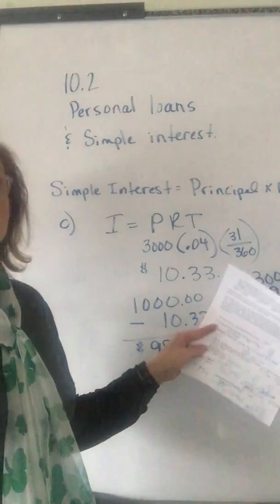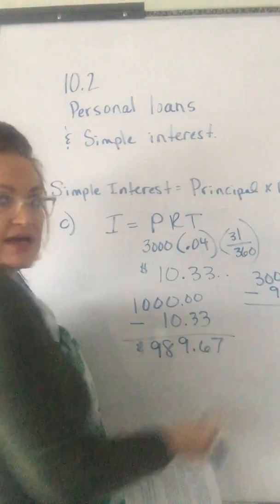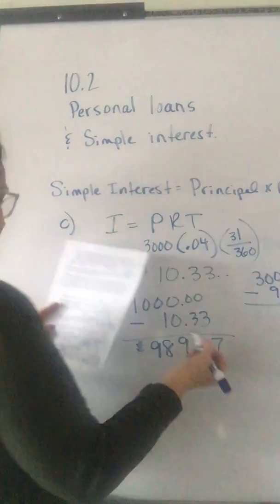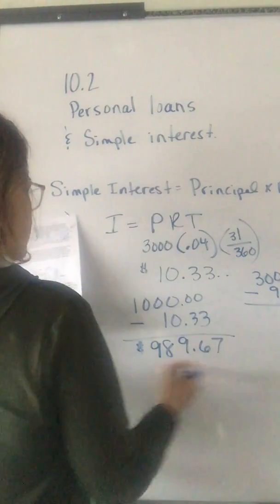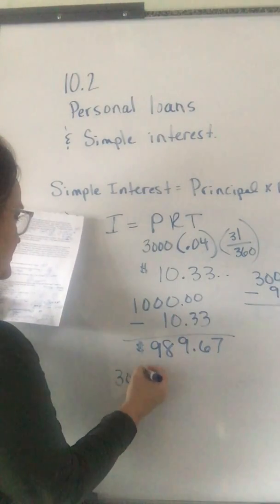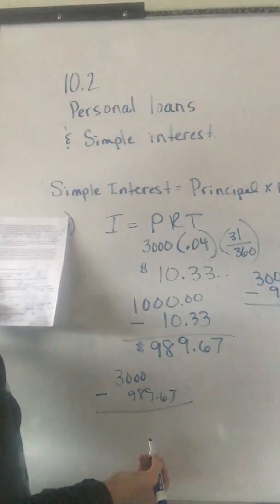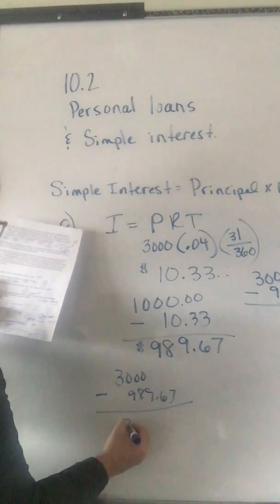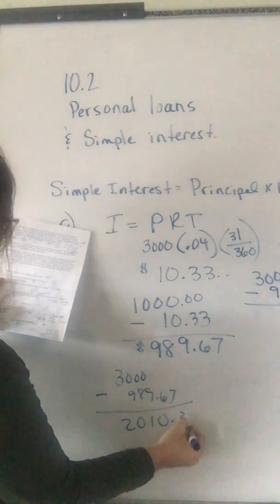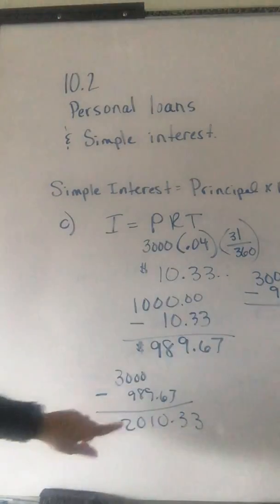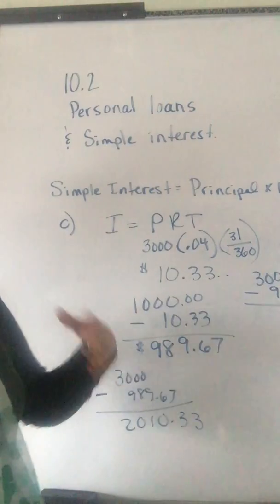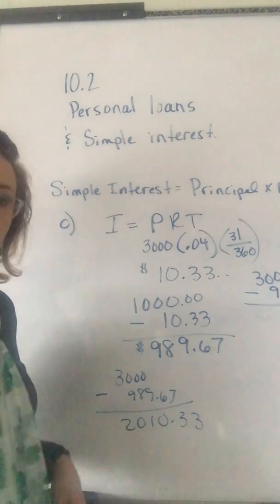So $3,000 minus the $989.67 comes out to $2,010.33. So that's our new principal moving forward, as of June the 1st.